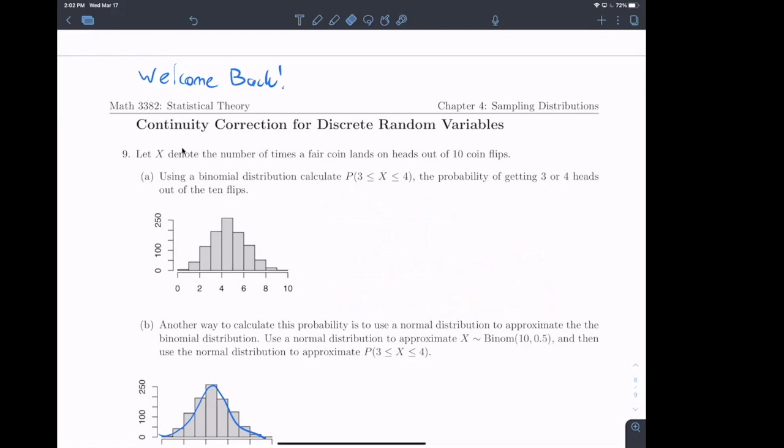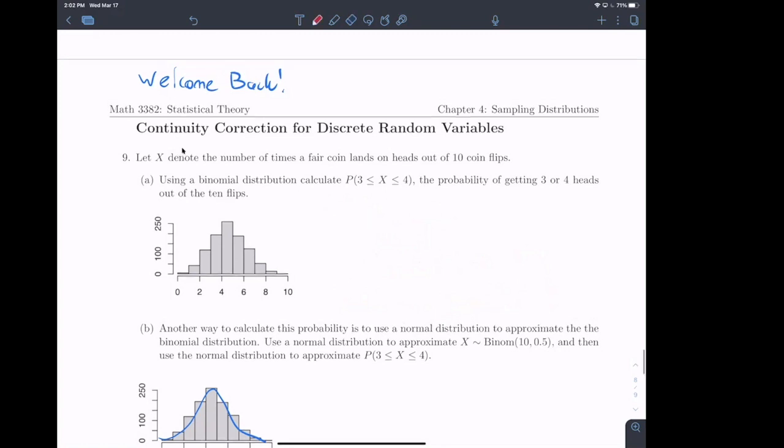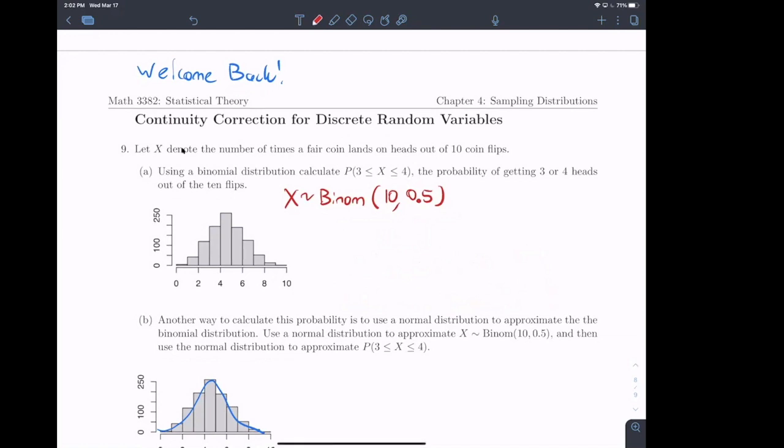The situation here is, let's say we're flipping a coin 10 times and we're going to count the number of flips that land on heads. That would be a binomial distribution, where we have 10 trials. We'll assume the coin is fair, so the probability of a head is 1/2. And that's more or less plotted in the histogram below.